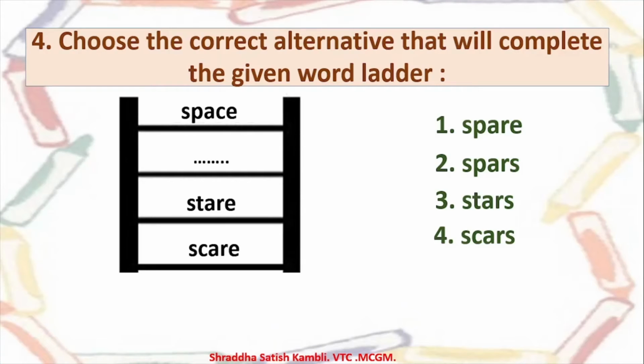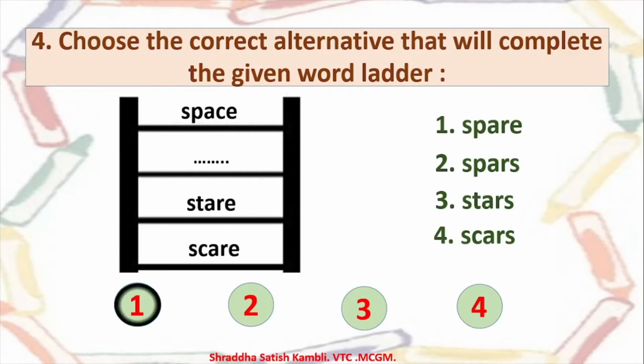So which one will come over here? Will it be scars, stars, sparse or spare? Let's check. Option number 1, 2, 3 or 4. Yes, it is option number 1, spare. So see, S-C-A-R-E scare, S-T-A-R-E stare, S-P-A-R-E spare, and then the R changes to become C, that is S-P-A-C-E space.